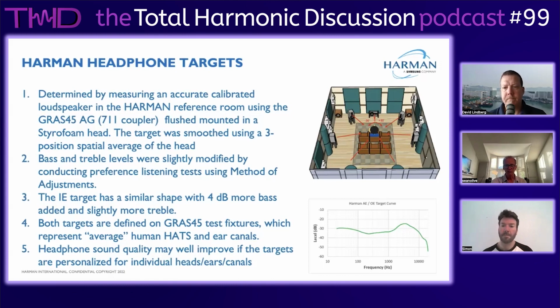So we had to make modifications, and it turns out that the curve is very similar to a speaker that's anechoically flat, but when you put it in a room, there's a bit of bass lift, and you're measuring some combination of the direct sound and the sound power. So it looks very similar. So essentially, what people are hearing in a headphone is what the spectrum would be if they were in a room listening to a speaker.